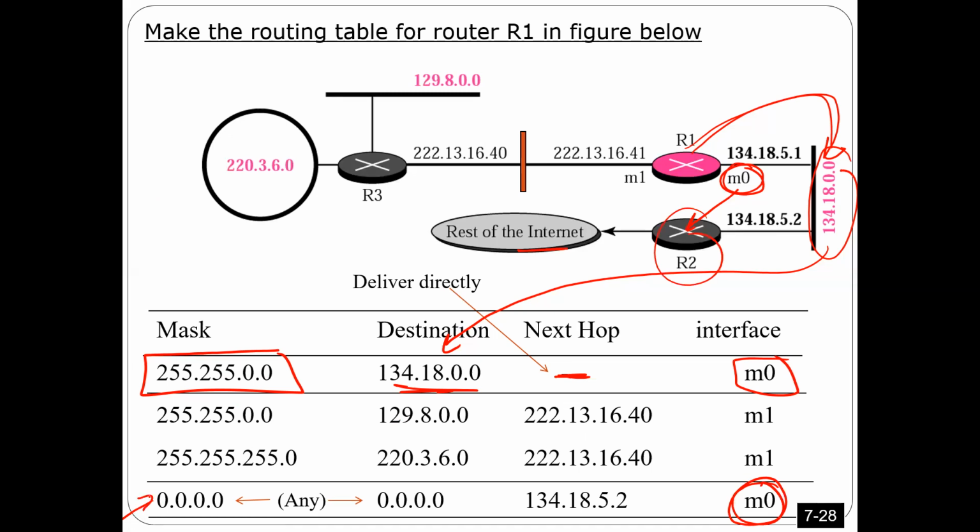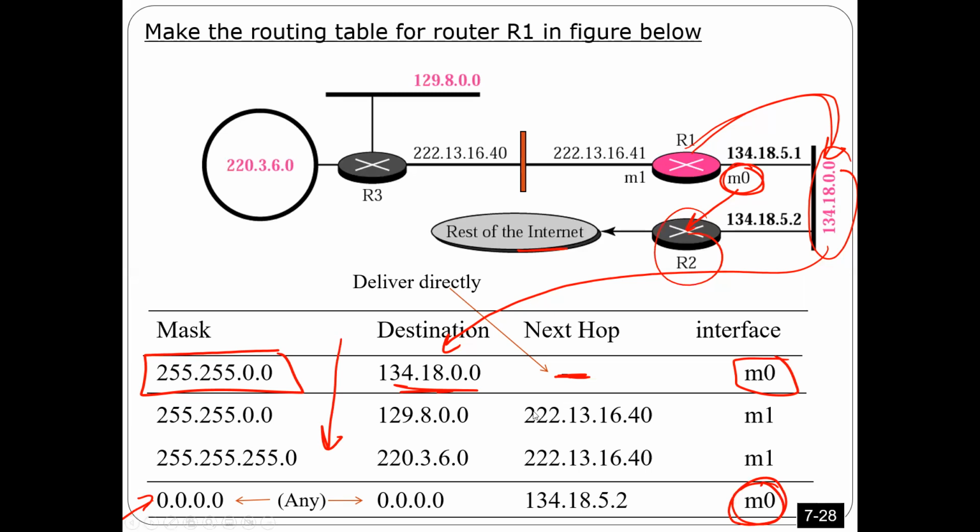Because you search this table in order, I'm not going to start from here. I will check this one first, then this one, then this one. If all of them fail, that means the IP is not in these networks, so this one will work. All the time this one will work, but I'm going to search the other ones before I come to this one.